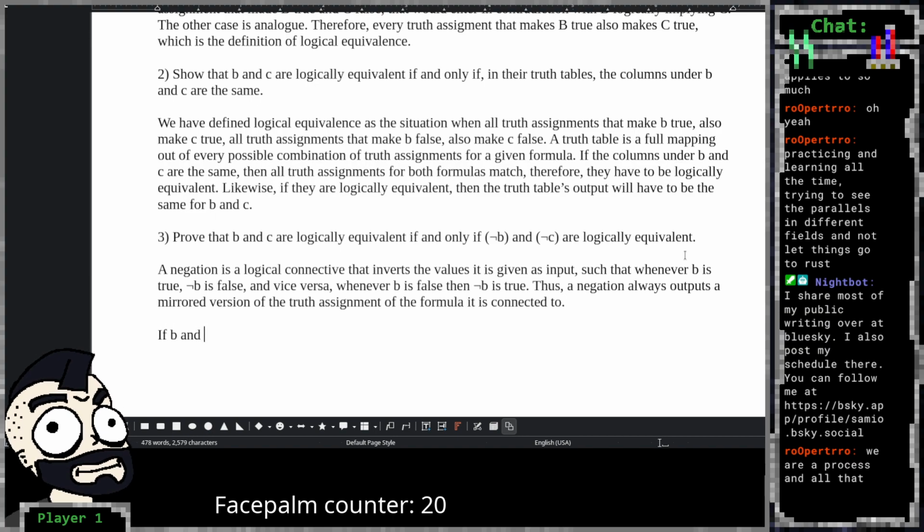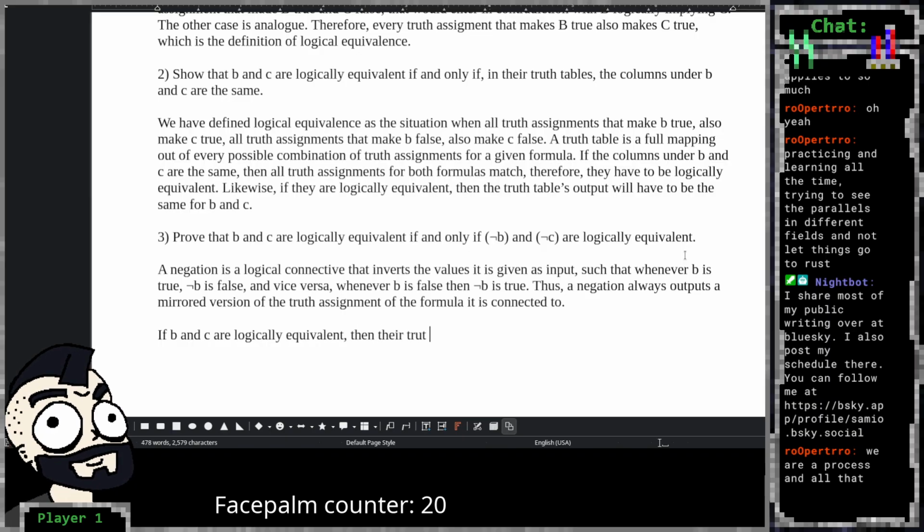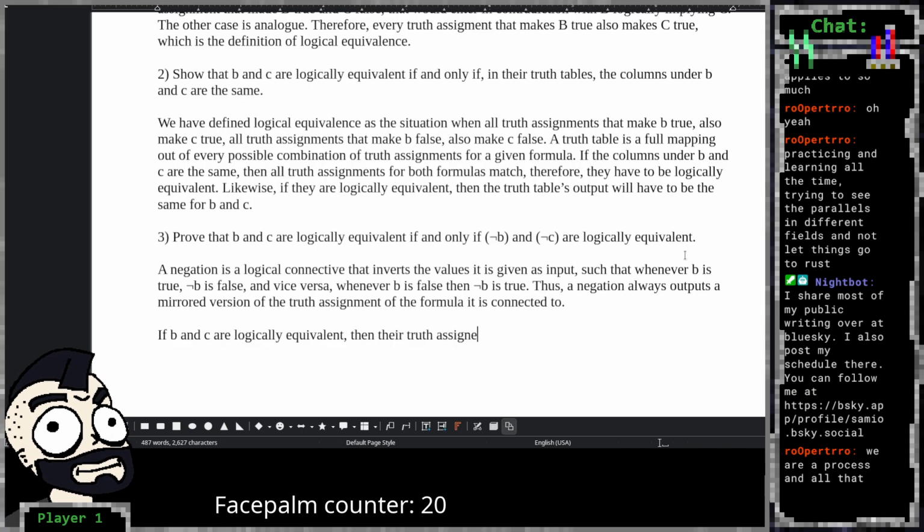If B and C are logically equivalent, then their truth assignments match.